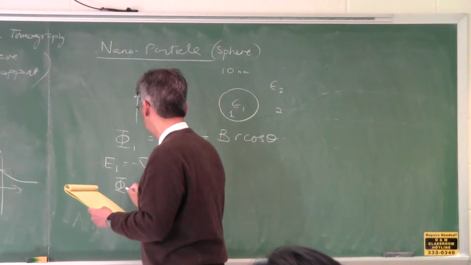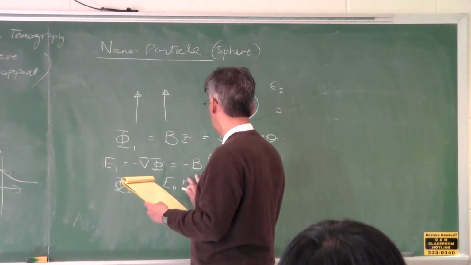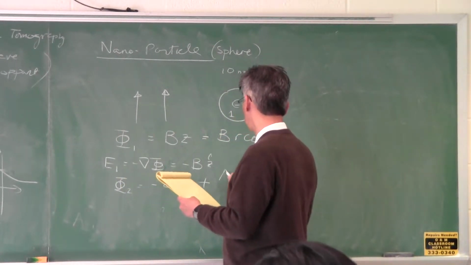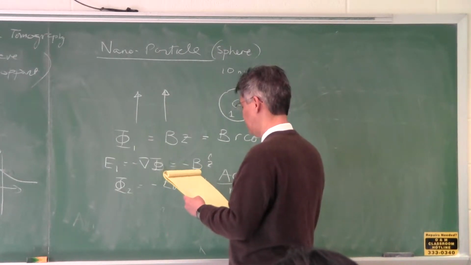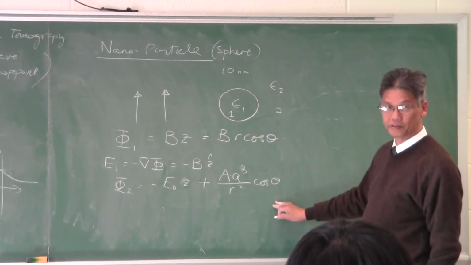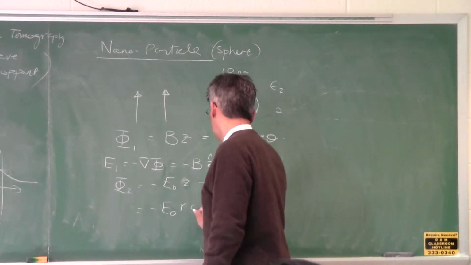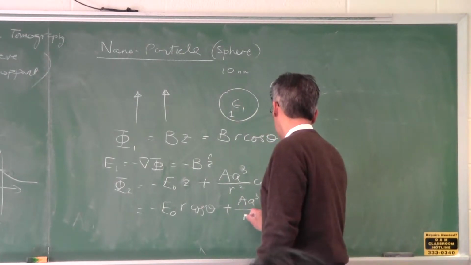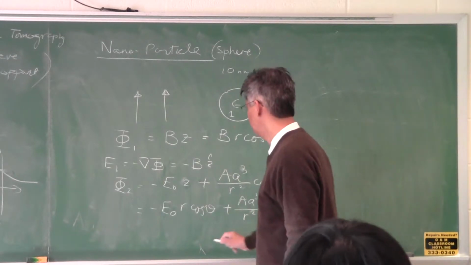And then the potential in region 2, I can write the incident field in this manner, plus the response from the particle. The response from the particle is just given by this formula over here. This is the potential of a dipolar field. And I can write the incident potential as just minus E0 r cosine theta plus a cubed over r squared cosine theta.